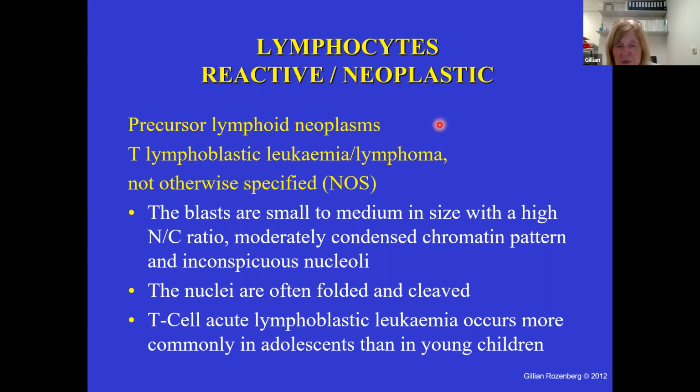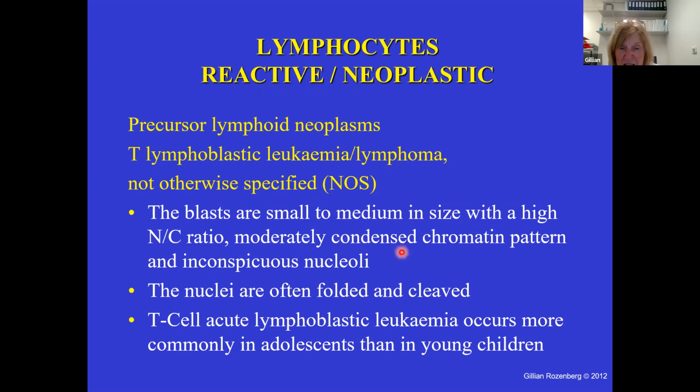So we've gone through all the B cells, and the B cells are the most common that we see. T cells are much more rare, and I think having a T cell neoplasm has a lesser prognosis, not so good. So let's look at T lymphoblastic leukemia/lymphoma, not otherwise specified. The blasts are small to medium in size with a high NC ratio.